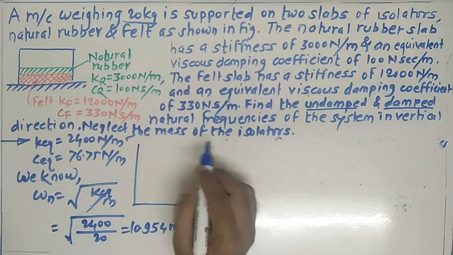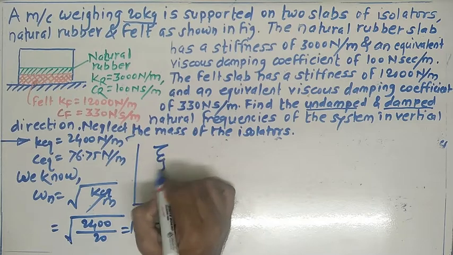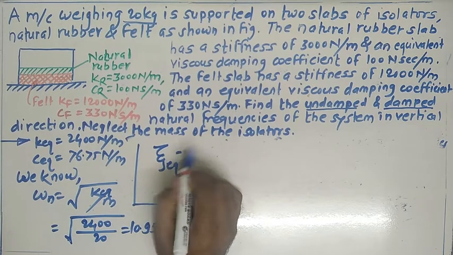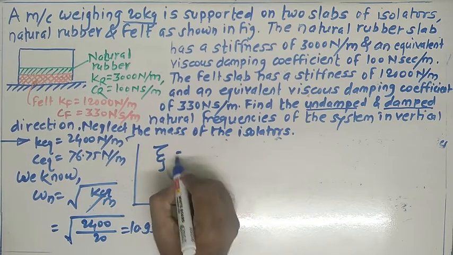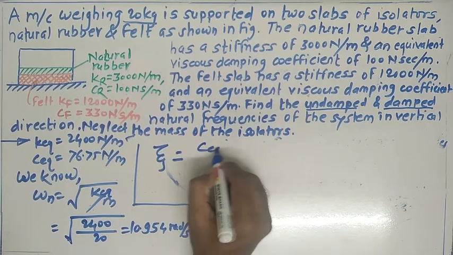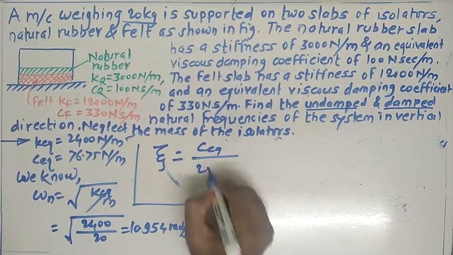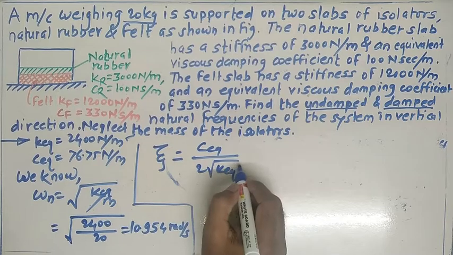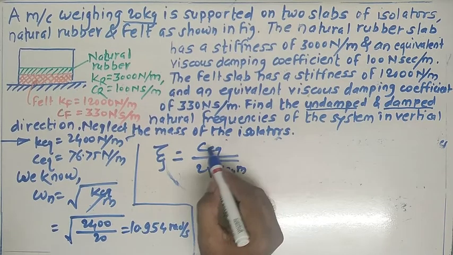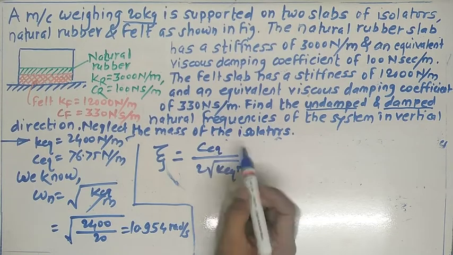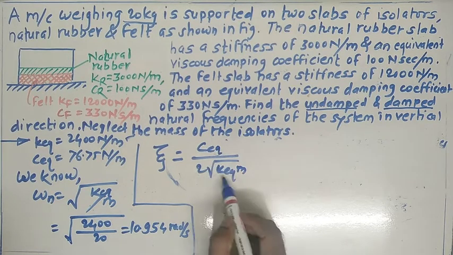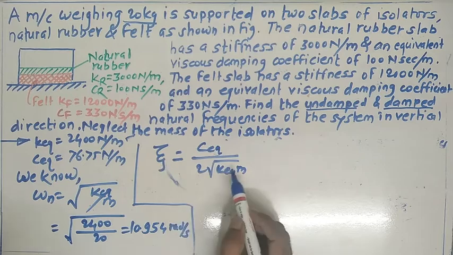The next term is nothing but zeta. Okay, so what about the zeta? Zeta is nothing but c equivalent divided by 2 into square root of k equivalent into m. I have already seen this relation in the previous problem. So c is nothing but 2 into square root of k into m multiplied by zeta.